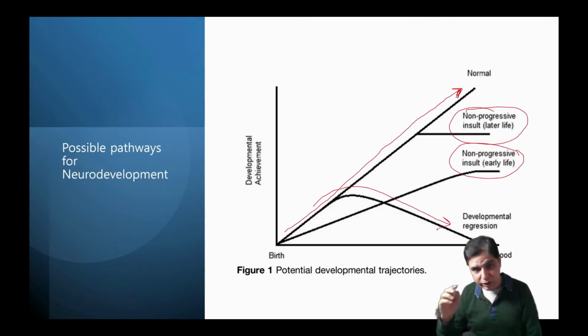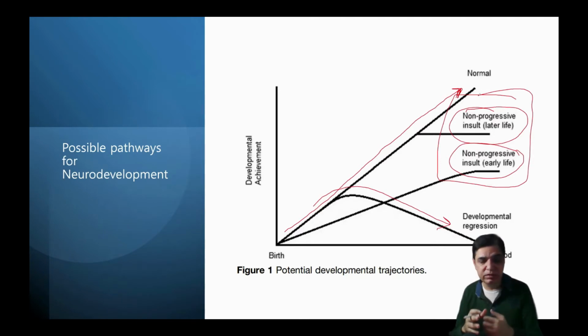So we have to ensure that we differentiate between these lesions, some of which present at early life like CP, some of which can present at later life, and developmental regression where there is true reversal of milestones. True reversal of milestones. This is very, very, very important.